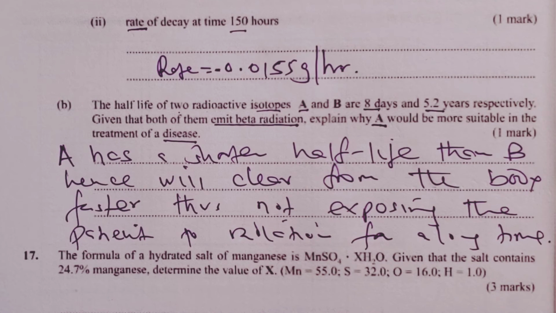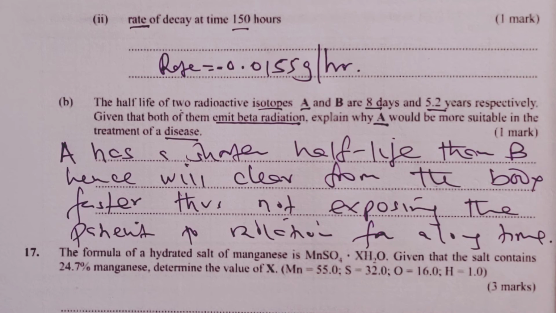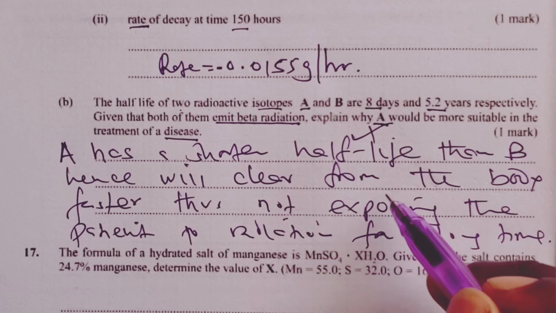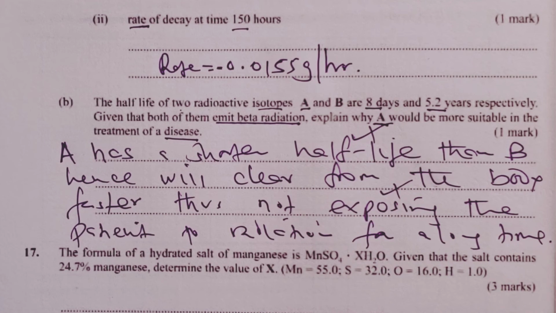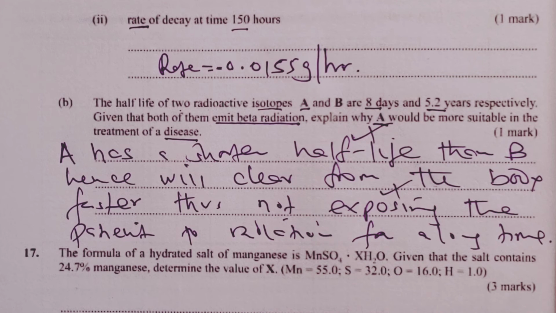You can imagine if we were to put this patient to radioisotope B for 5.2 years, this would be within the cells, and that is when now we find even the healthy cells being affected. So it's 1 mark, A having shorter half-life than B, first half mark, and not exposing the patient to radiation for a long time, the next half mark.